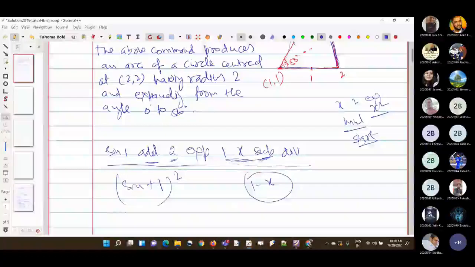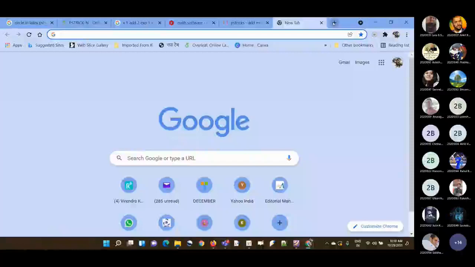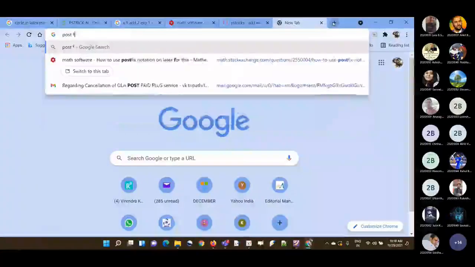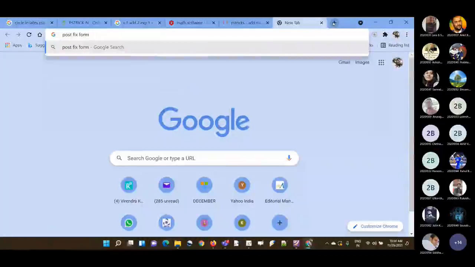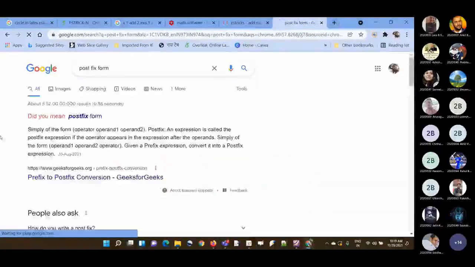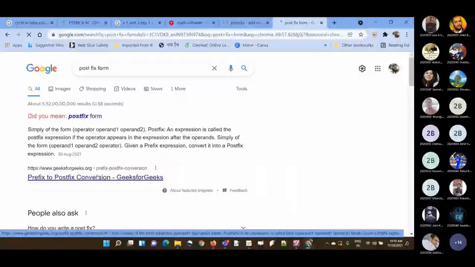Right. For this you need to have some practice. You can refer somewhere, postfix form conversion.